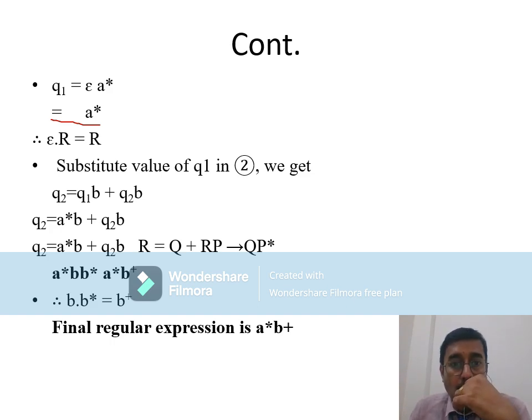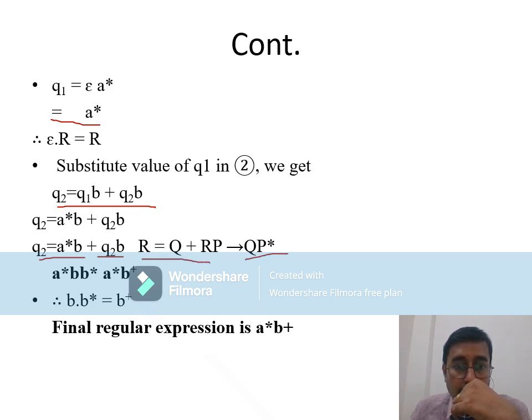Next, we have to substitute the value of q1, that is whatever we found, a star, in my second equation. So q2 equal to q1 b plus q2 b, so q2 equal to, instead of q1 I have to substitute a star b plus q2 b. Now this is in the form of r equal to q plus r p, that is q p star.